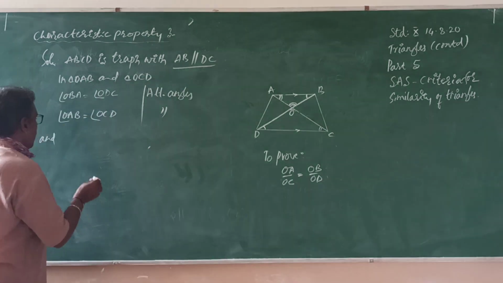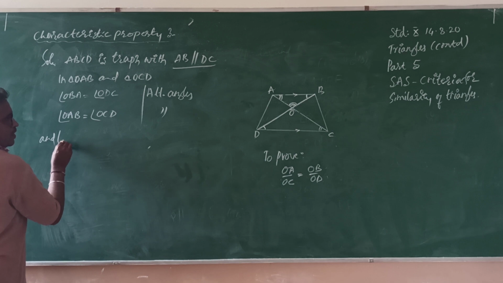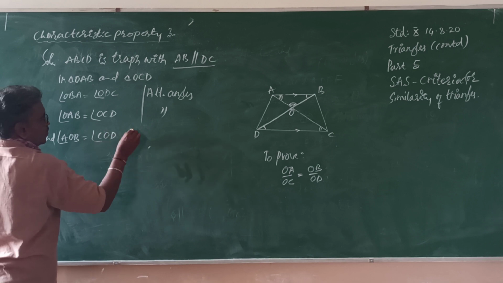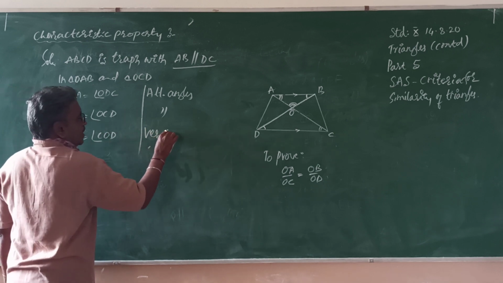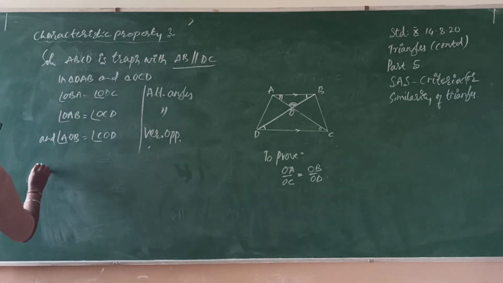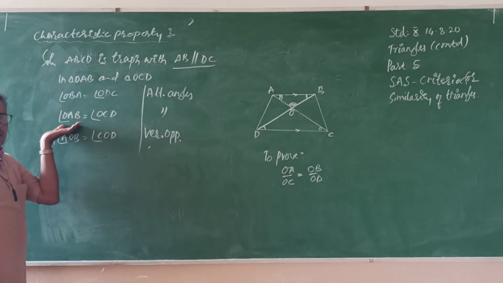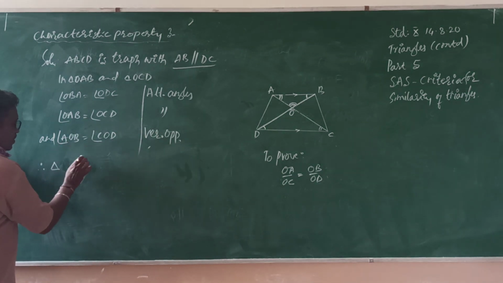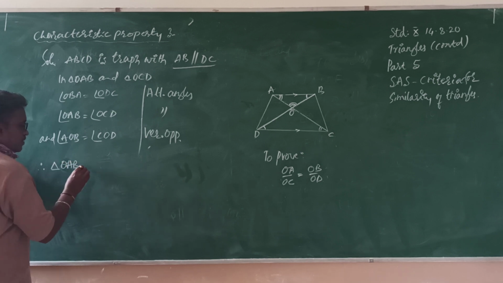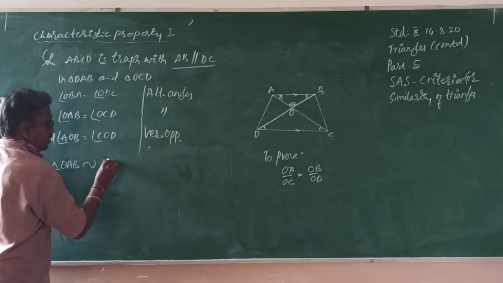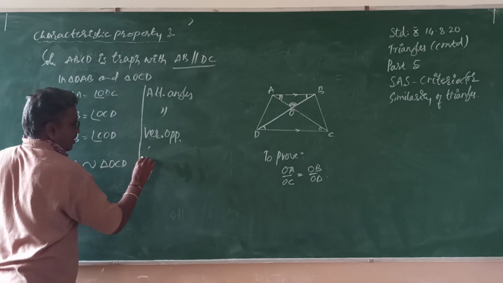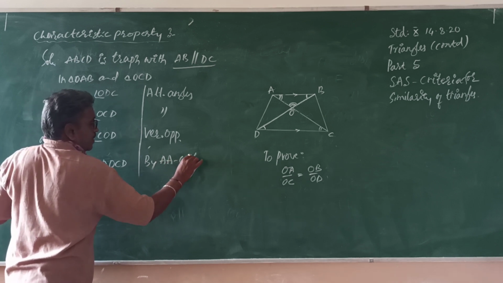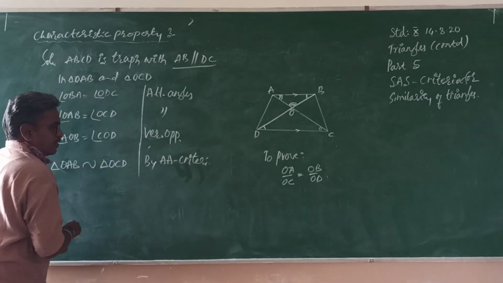And angle AOB is equal to angle COD, vertically opposite angles. Therefore the triangles are equiangular. Therefore triangle OAB is similar to triangle OCD by the AA criteria for similarity.